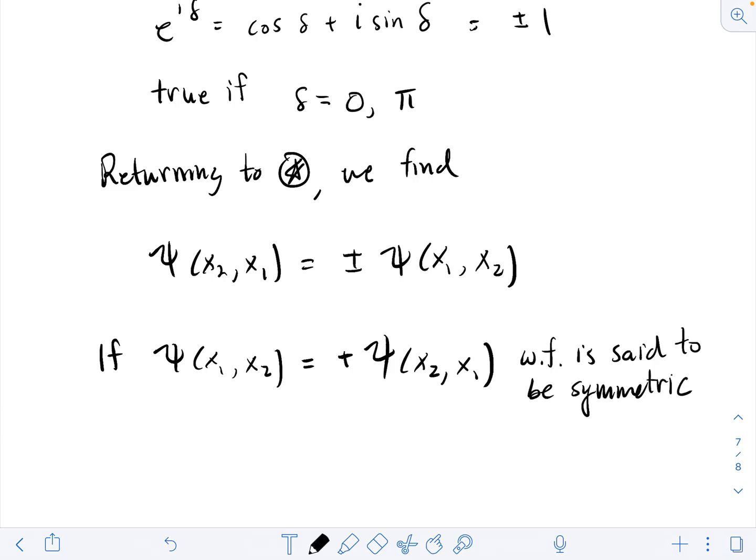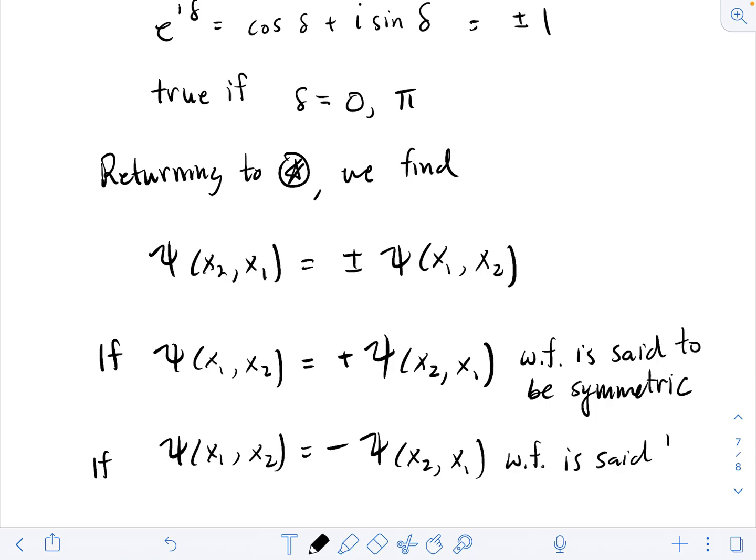It will turn out that bosons have symmetric wave functions, and if the exchange of identical particles introduces a negative sign, the wave function is said to be antisymmetric, and identical fermions, or fermions, will have antisymmetric wave functions.